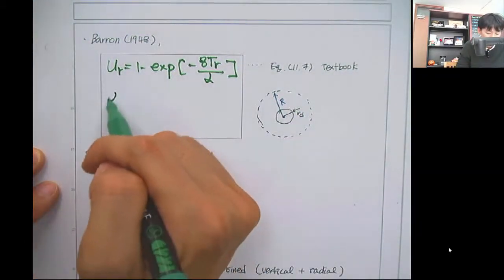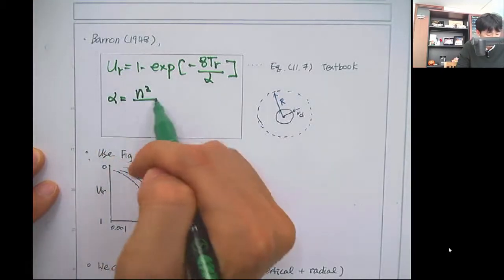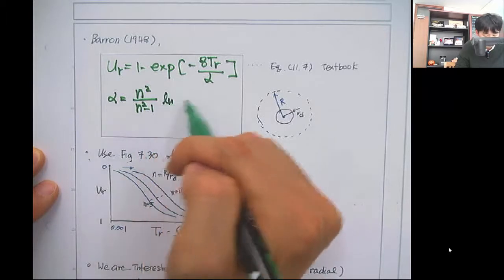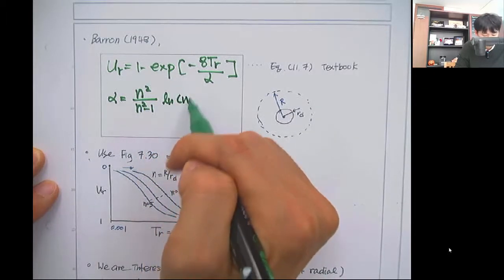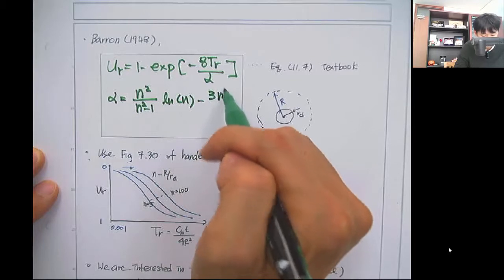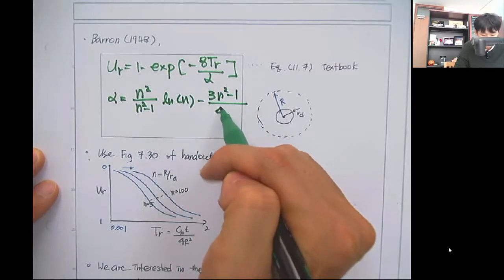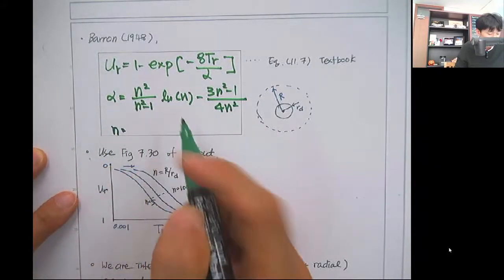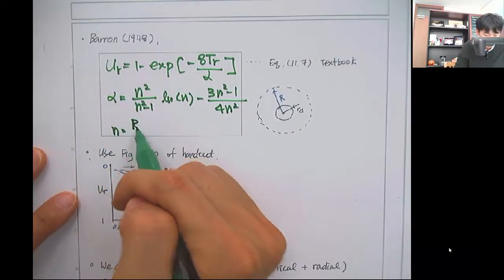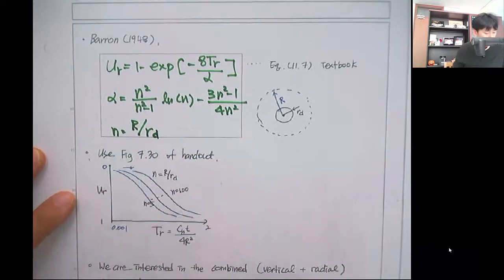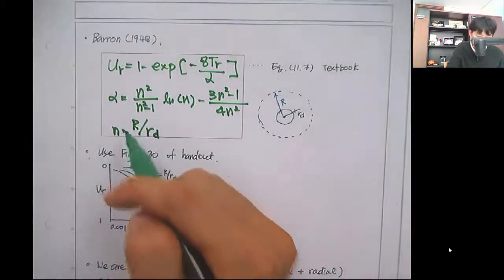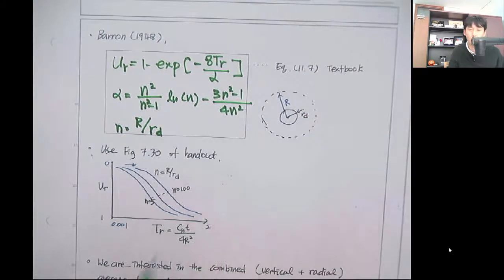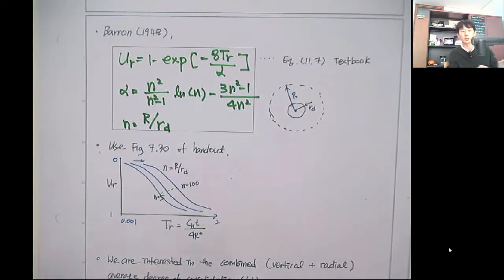And here alpha is n squared over n squared minus 1 times natural log of n, minus (3 n squared minus 1) over 4 n squared. And n has not been defined yet. So n is R over small rd. Here R is the equivalent radius, and small rd is the radius of the vertical drains.